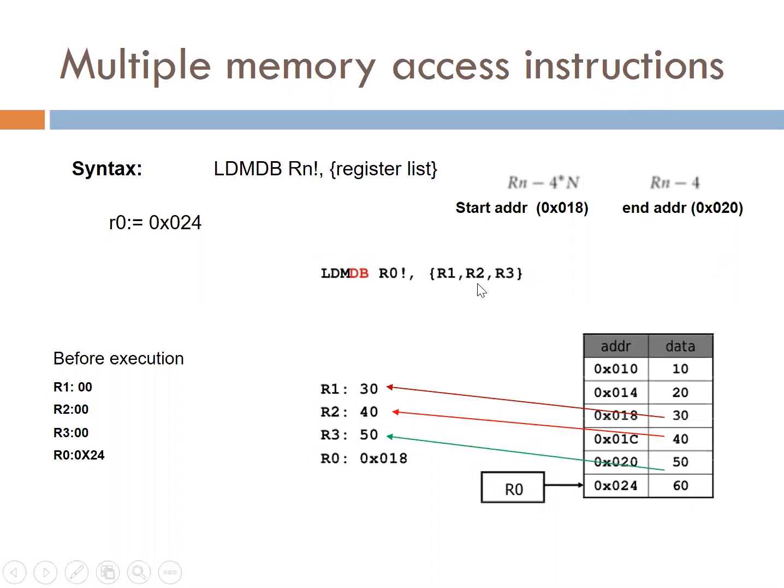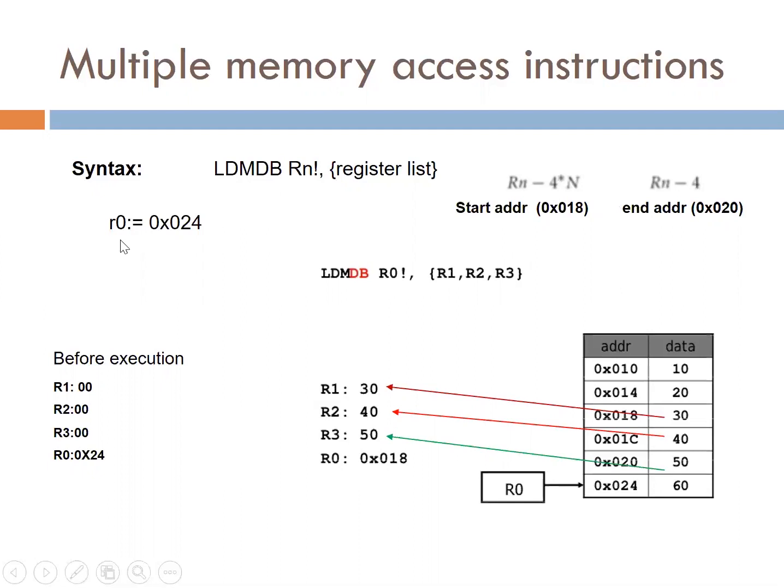The operation of LDM along with suffix DB can be found out by the starting address and ending address formulas as given here. The starting address is Rn minus 4 into n. The ending address is Rn minus 4. According to this example, Rn is register R0.